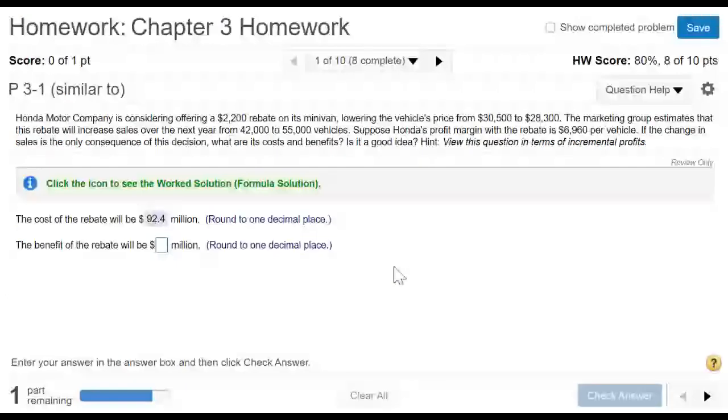Now, they estimate that they're going to go from 42,000 to 55,000. So they're going to be selling 13,000 more cars. 55 minus 42 is 13,000.